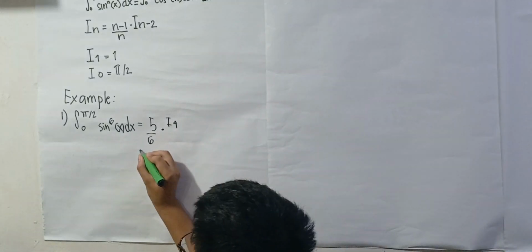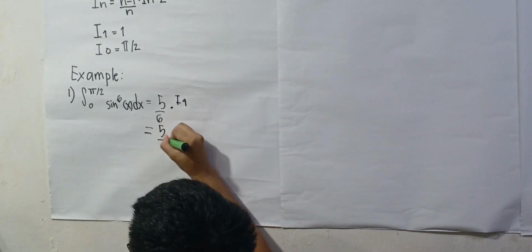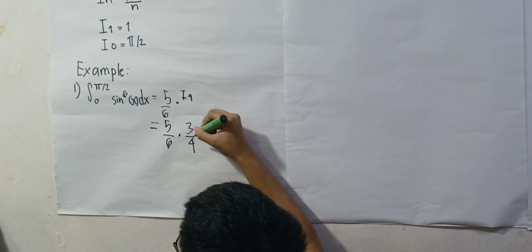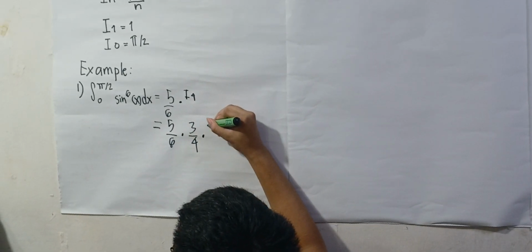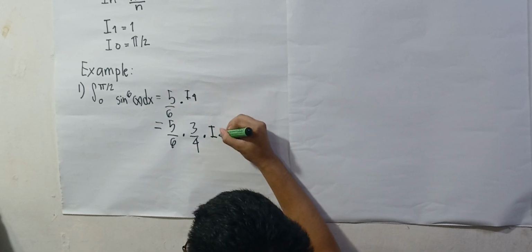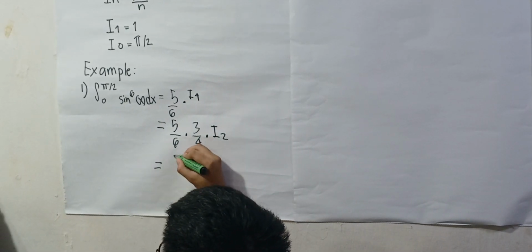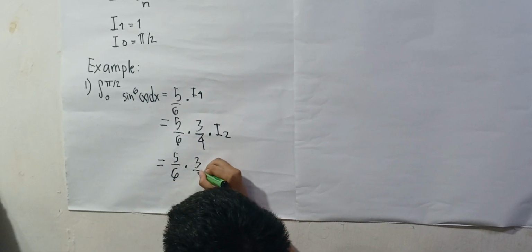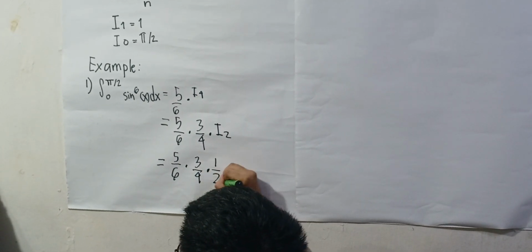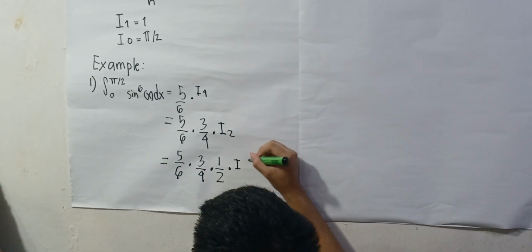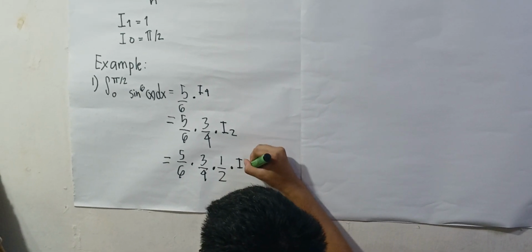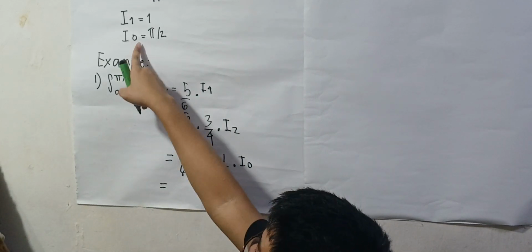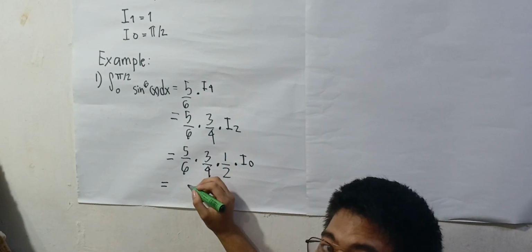So 5 over 6 times 3 over 4 times I2 equals 5 over 6 times 3 over 4 times 1 over 2 times I0, which is equal to, as you remember, pi over 2.